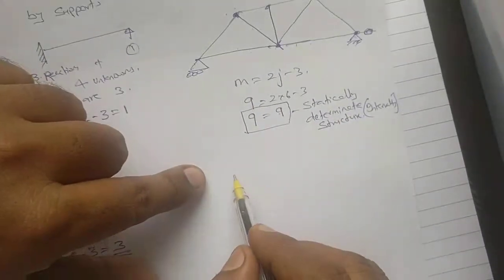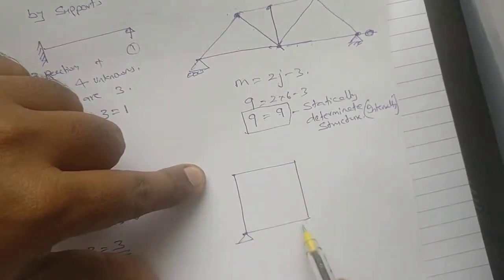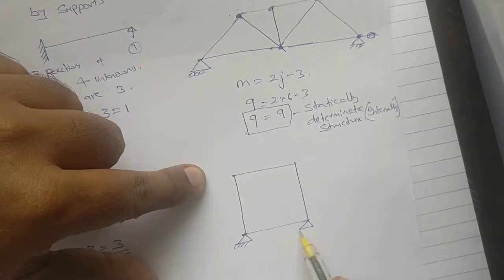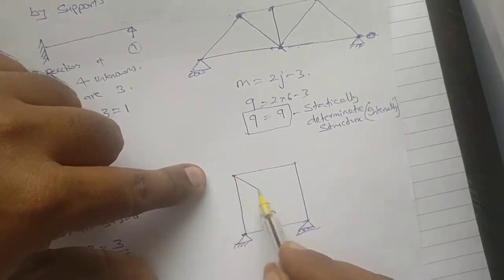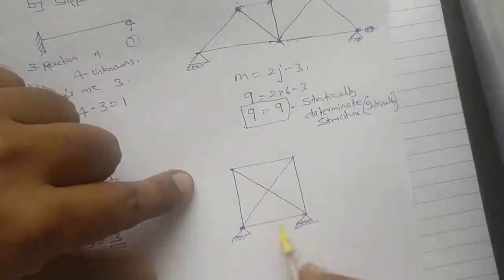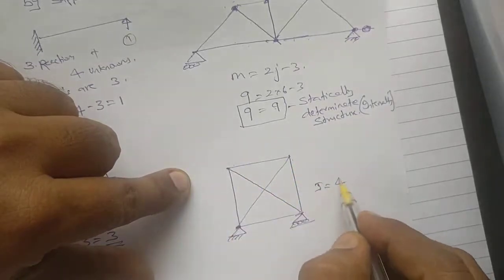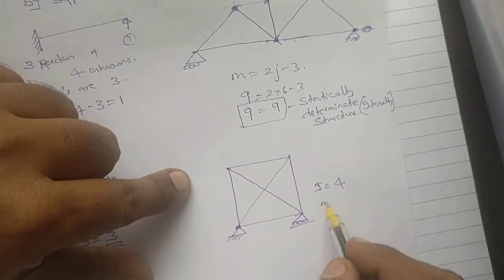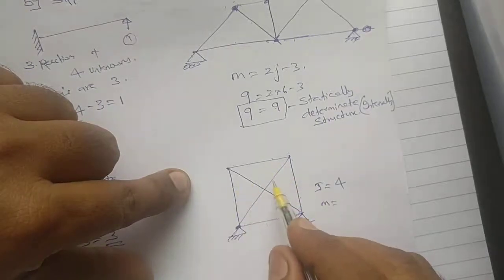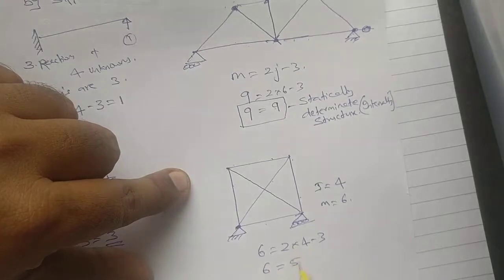Now if you go for one more structure like this, this is hinge, this is roller. One member is like this, other member is like this. Now if you see here, you have joints 1, 2, 3, 4. Members 1, 2, 3, 4, 5, 6. 6 is equal to 2 into 4 minus 3. 8 minus 3 is 5.